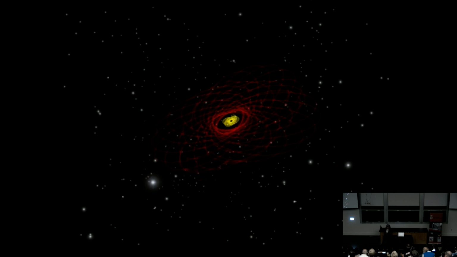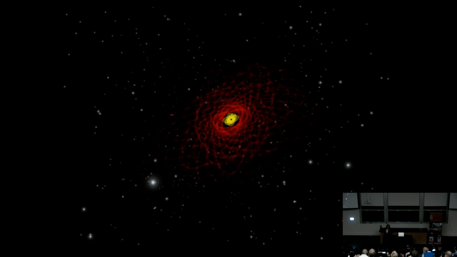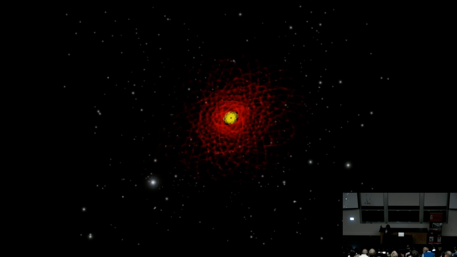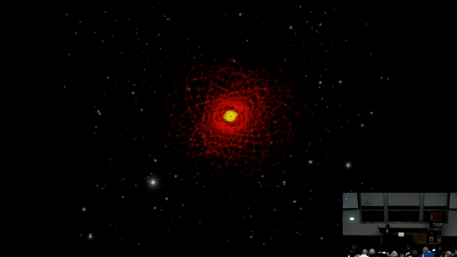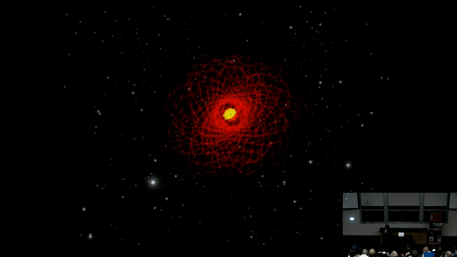This is another perspective on what the prediction looks like, where I'm actually showing the orbits. I like this one because you have a heavy black hole whose orbit is helpfully painted in yellow, and a lighter black hole orbiting around it, painted in red, and they're both spinning.